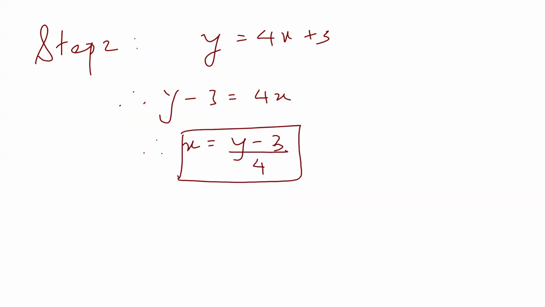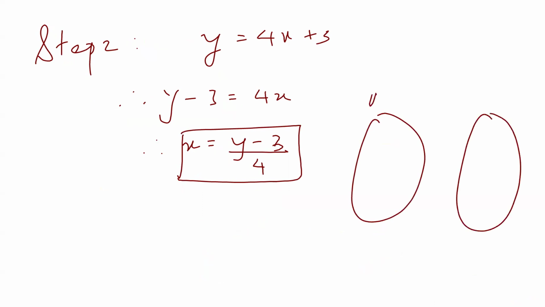Now mapping. After this, we have to draw the diagram and analyze a few things. A has x and B has f of x, and f of x is nothing but y. And the mapping is for real numbers to real numbers.